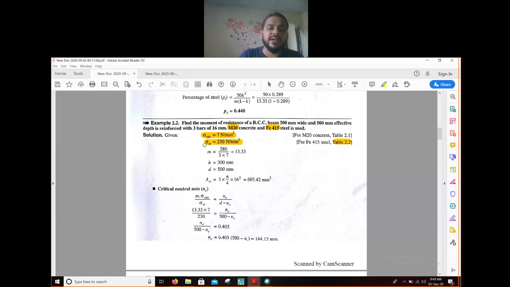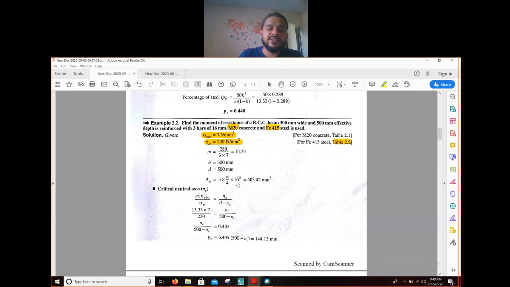We are using 3 bars, so Ast will be 3 into pi by 4 into 16 square. Ast means area of steel.